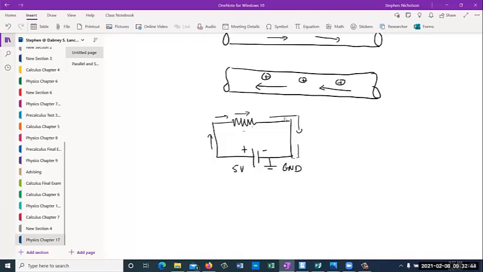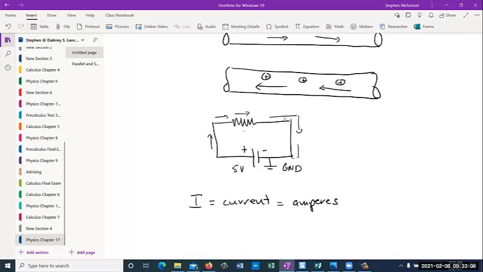Now, what is current? What do we use as a symbol for current? If it's a DC circuit, we use a capital I. And current has units of amperes. How does that relate to coulombs? Well, you'll find out in a second.